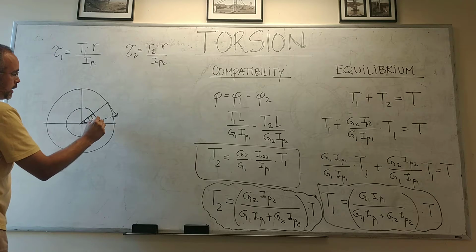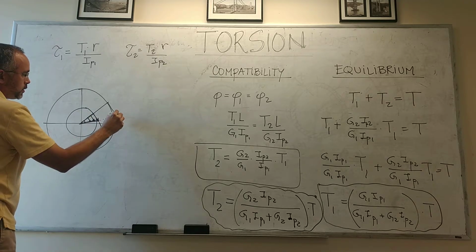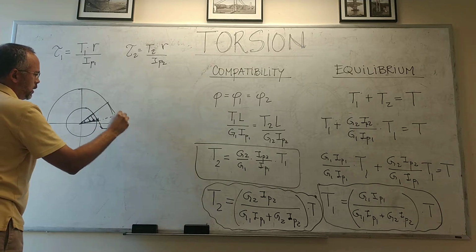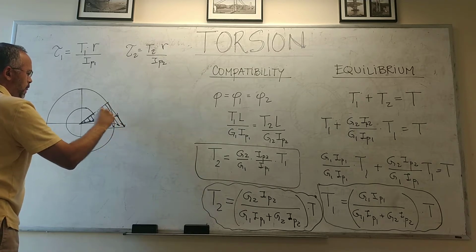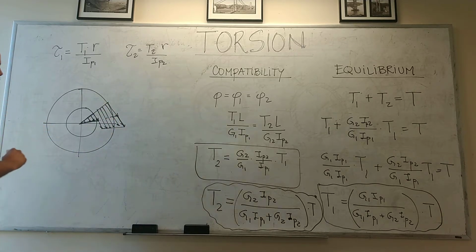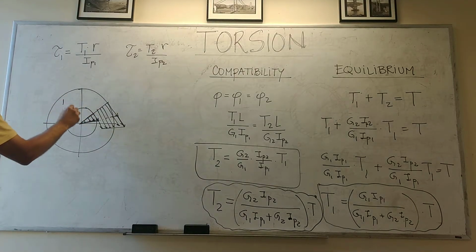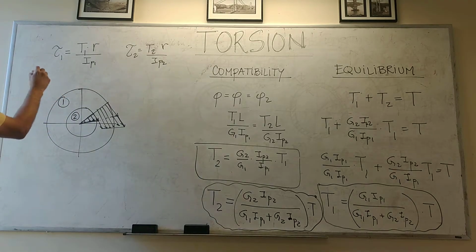And so in this case, it might be something like this. So you'll have a discontinuity between material 1 and material 2. And you can solve that from the equation.